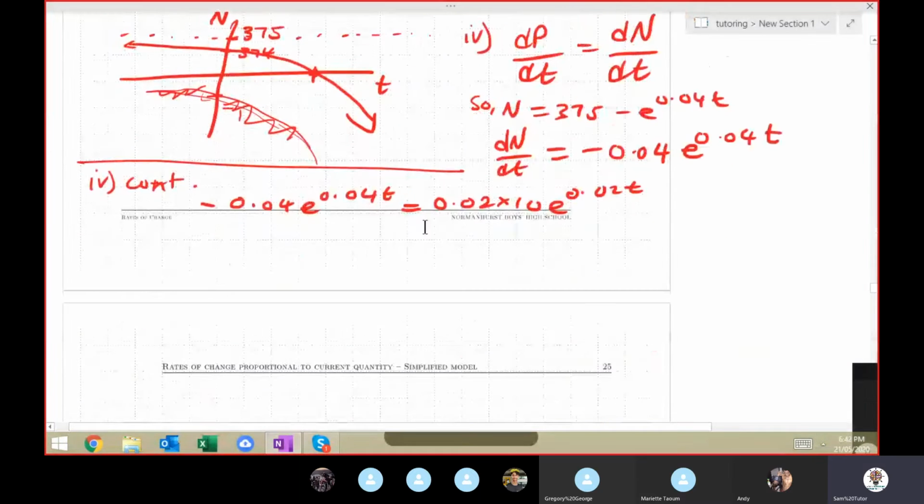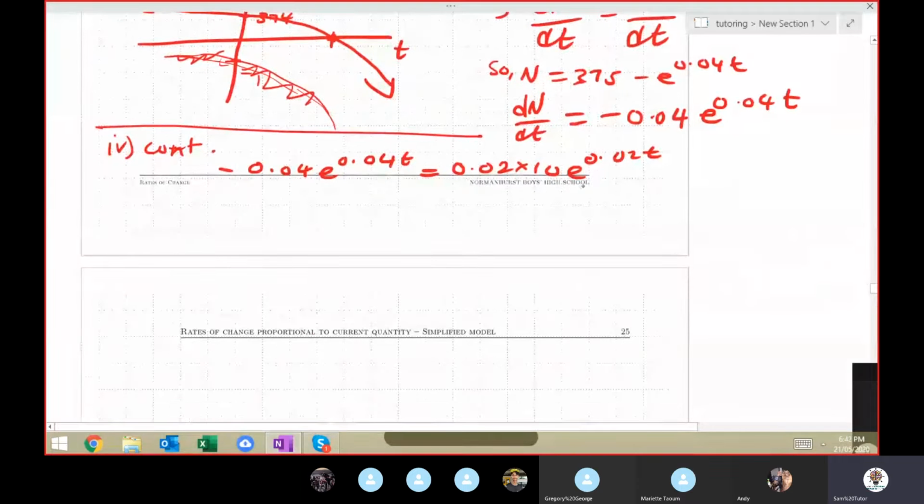Okay, then you get to this solution here, and obviously you're just going to solve for t. If I had to solve for t here, what would I be doing? Personally, I would just first get rid of this 0.02 times 10. What's that? Times 10 should give you 0.2.